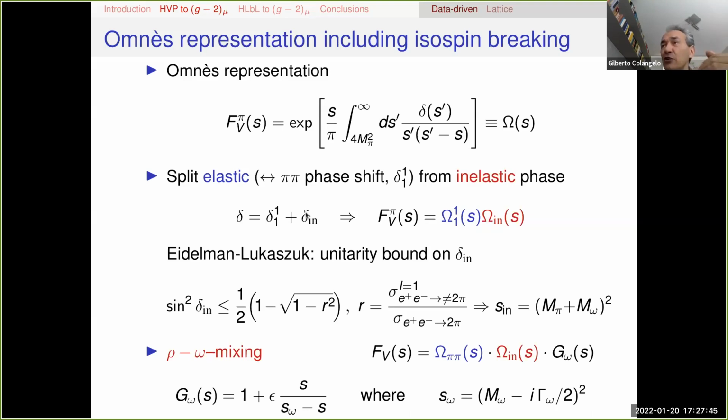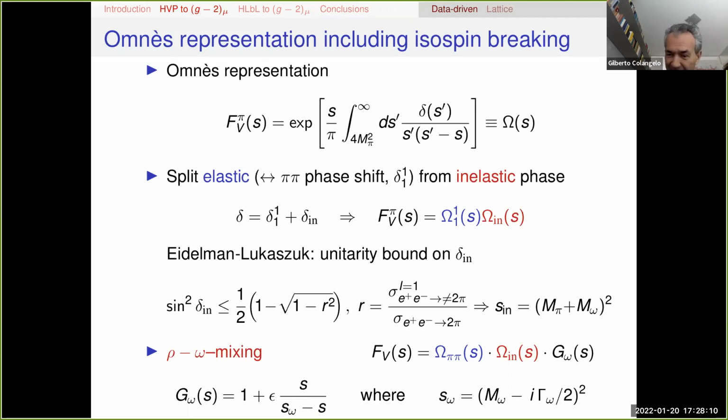But then you have also a contribution due to 3 pions, and that's due to isospin breaking. And that's the well-known phenomenon of rho-omega mixing, which is expressed in terms of this function here, which contains a Breit-Wigner for the omega. The omega is a very narrow resonance, so this is a very good approximation.